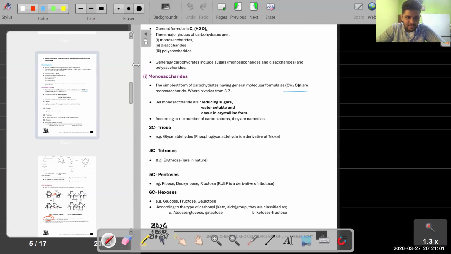Right? Now this is the thing. Glucose is not present. Pentose, what are the examples? Ribose, deoxyribose, ribulose. Right? These are the examples.